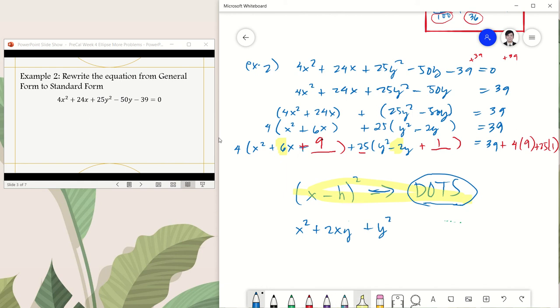So dapat perfect square yung first term, perfect square yung third term, and then yung middle term. Oh, sorry, this is just x, sorry. Ah, yes, it's xy. Ako yung nalito sa ginawa ko. So anyway, xy ito, 2xy yan.